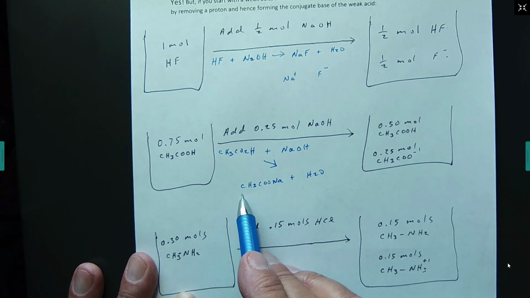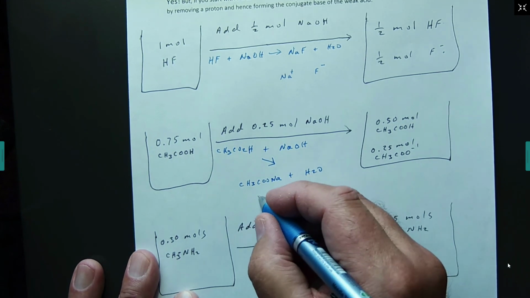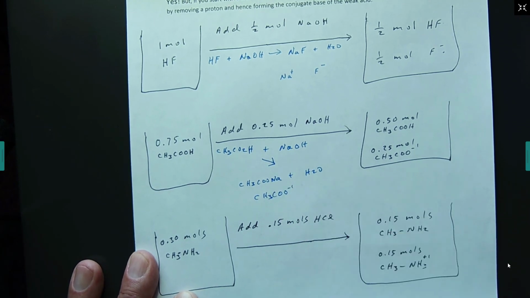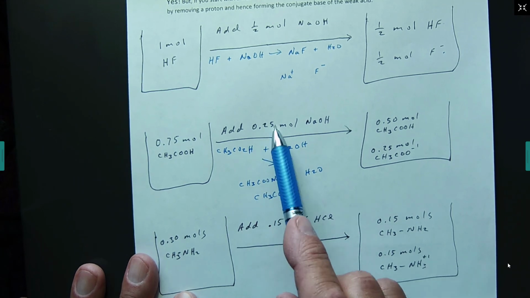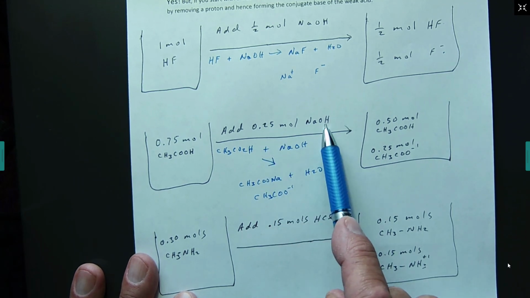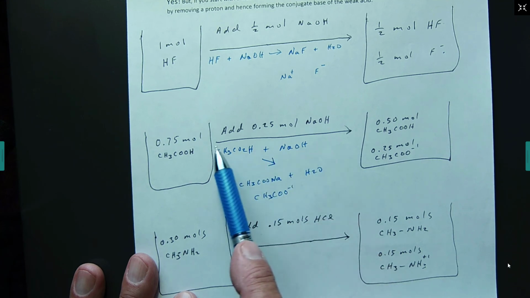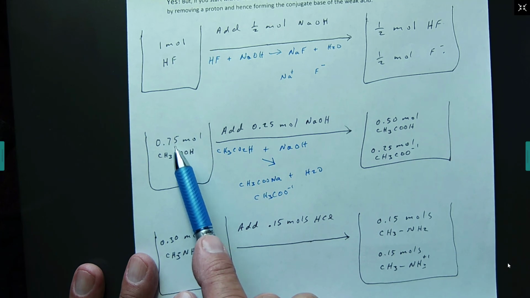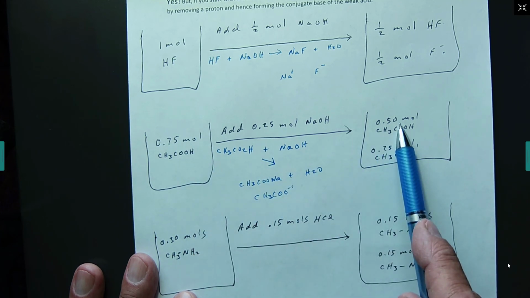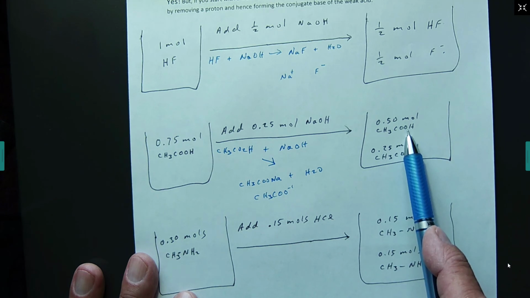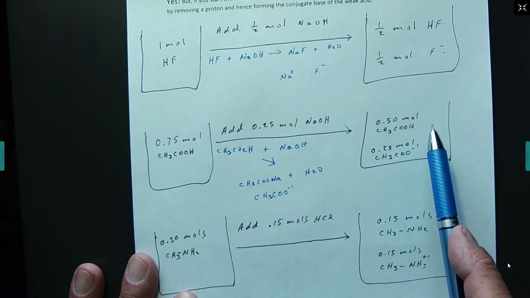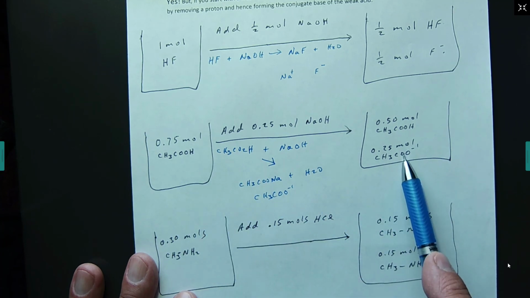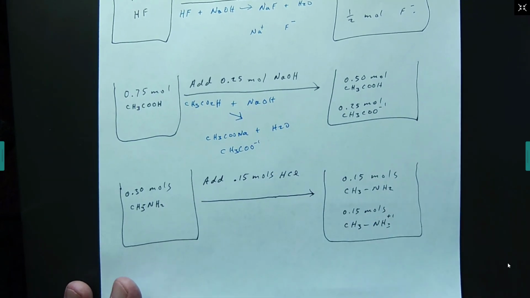Oh, hey, that sodium acetate is a source of the conjugate base, right? So adding 1/4 mole of sodium hydroxide is going to destroy 1/4 mole of acetic acid. Instead of having 0.75, now I've got half a mole of it. As it destroys this, it's turning this stuff into this stuff. It's a real chemical reaction.